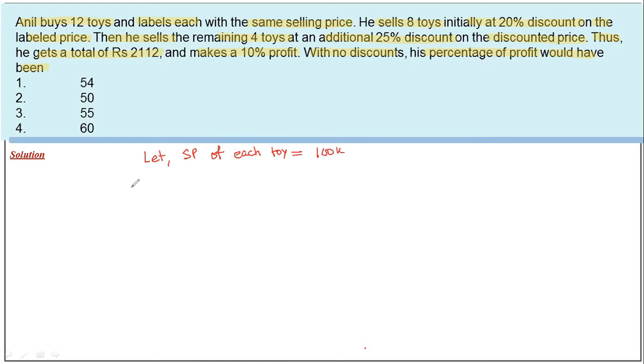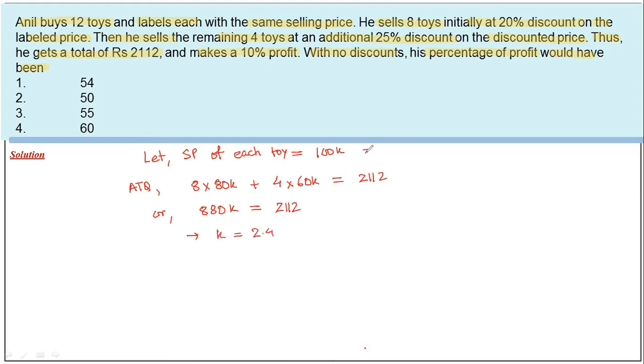Now, according to the question, 8 toys he sold for 20% discount, so that will be 80k, and the remaining 4 toys he sold at a 25% discount on 80k, so that will be 60k, and he got rupees 2112, or 880k is equal to 2112, so k we get as 2.4.